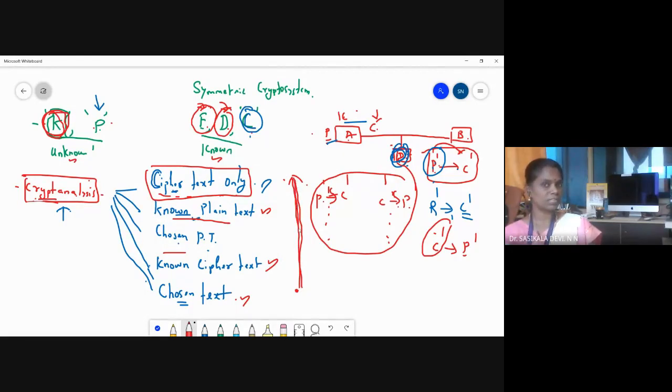Whenever you design the encryption and decryption algorithm, keep in mind that it should resist all these attacks, definitely the chosen text attack. If it resists the chosen text attack, then that crypto system is strong and powerful, because even with extra data, it is not possible for the intruder to break it.